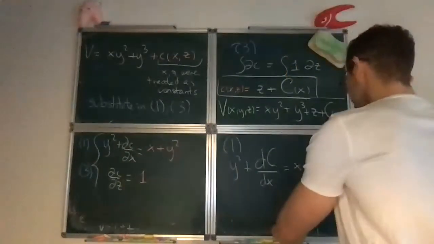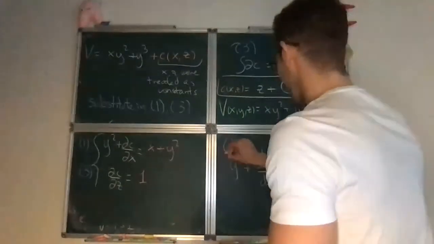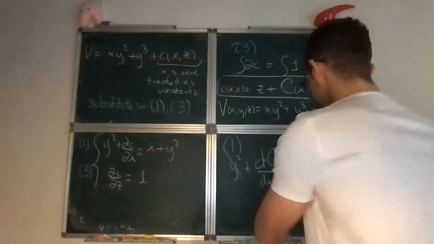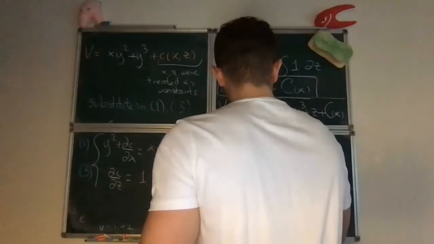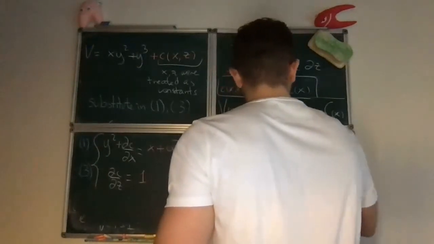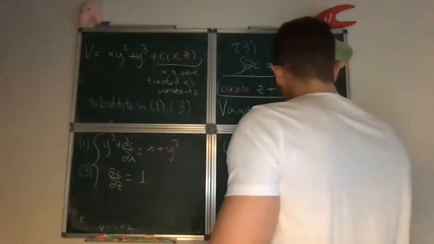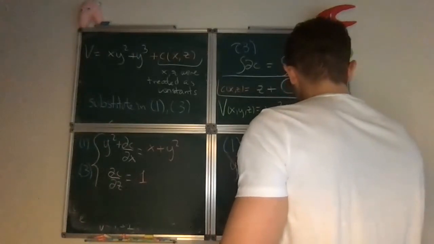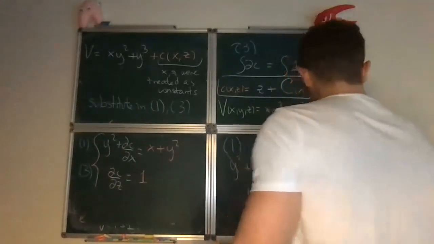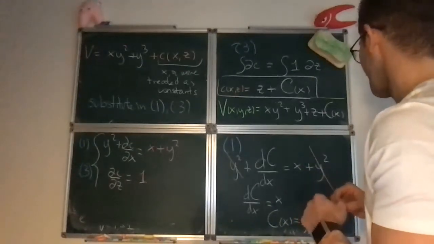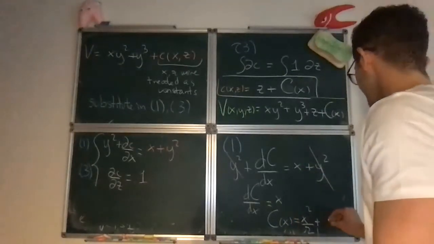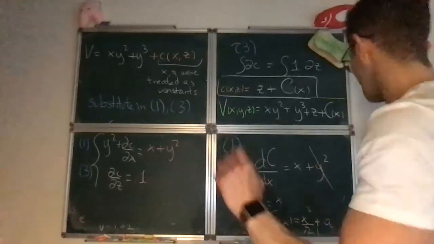And notice that the y squares cancel, and then you get a system that dz dx equals x, and so z of x equals x squared over 2, and now this is plus a constant, and this is really an arbitrary number, so let me just call it a for constant.